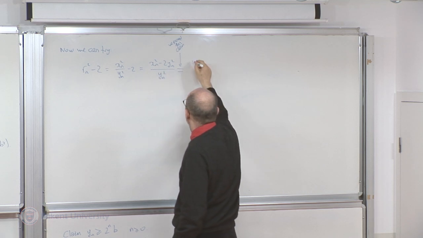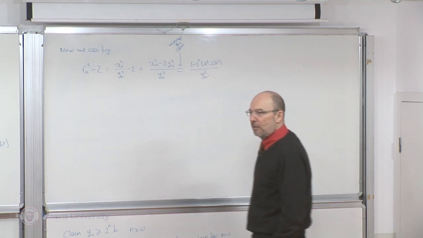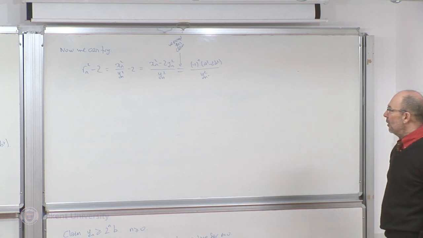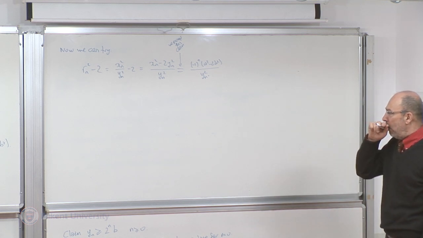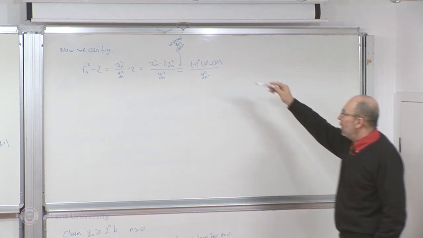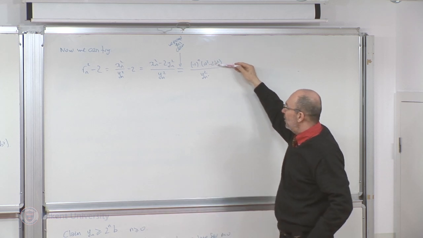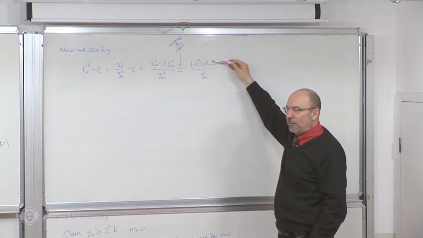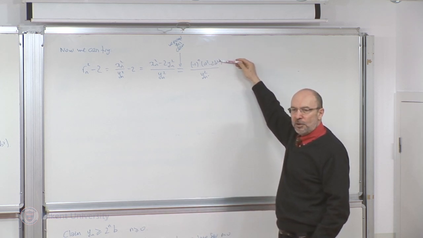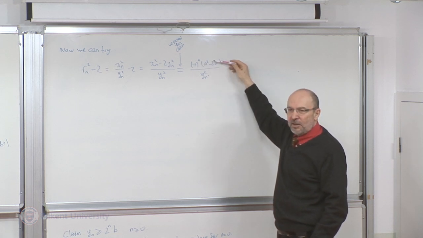So this thing is equal to (−1)^n (a² − 2b²)/yn². Okay. Now we take the limit as n goes to infinity. The whole idea of doing this is that this part is bounded. This part, a² − 2b², does not depend on n. It's a fixed number. Only its sign changes.